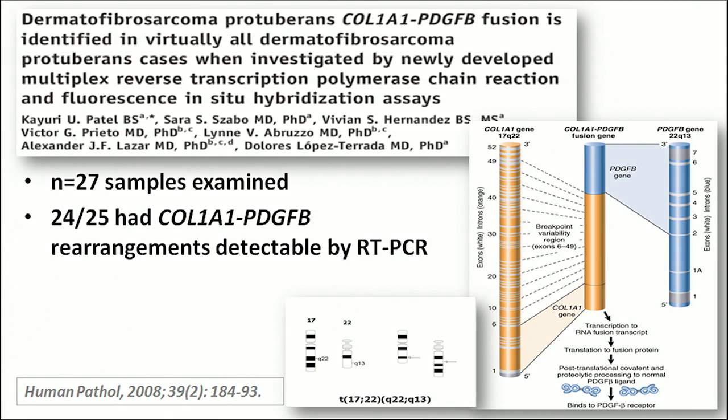Of course, you know that the detection of these is a translocation between COL1A1 and PDGF-beta that essentially causes an overproduction of PDGF-beta, and then the COL portion, or the collagen portion, is actually cut off, giving you wild-type ligand.